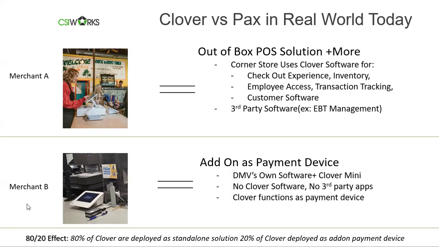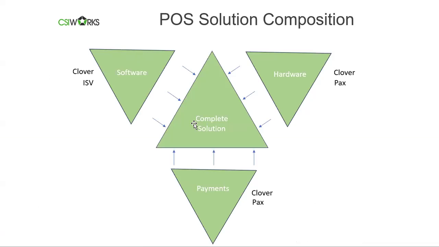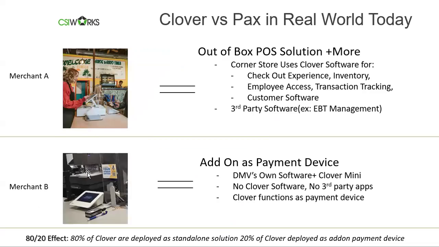The second example that I'm using here is merchant B, and that's the DMV, the Department of Motor Vehicles. And the DMV utilizes Clover, if I go back to this chart, only as a payment and also as the hardware for that payment. The DMV has its own system, obviously.